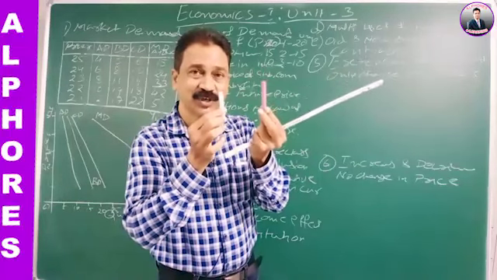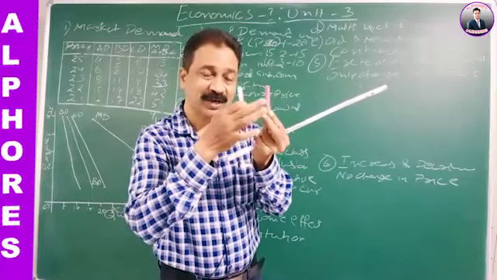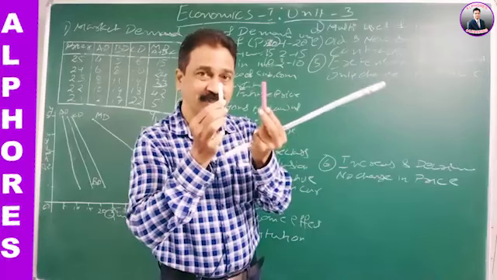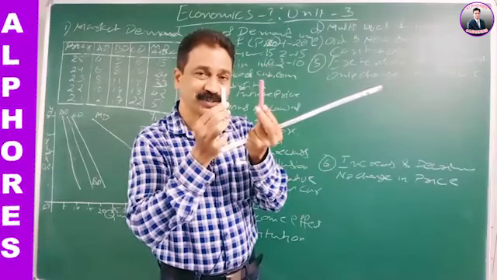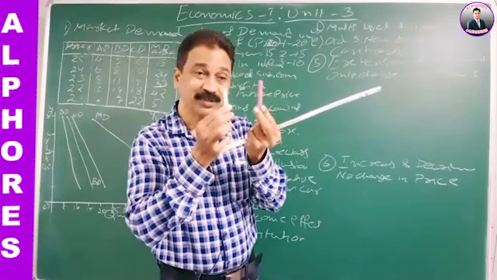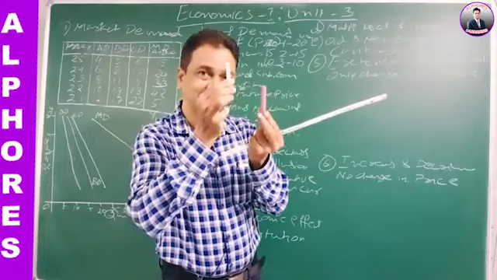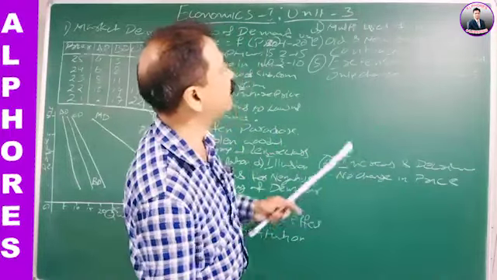This price did not change. People who are purchasing this stop purchasing this and they start purchasing this. This is X, this is Y. Y price did not change, but X price decreased. That's why you want to purchase X, because you can purchase more of this. So automatically demand for X goes on increasing. Clear? This is called the substitution effect.